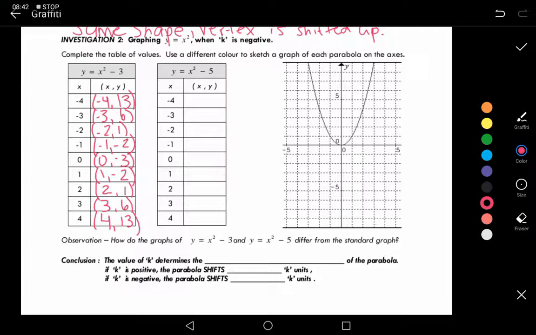So -1, 2, 3, up to 6, -2, +1, -1, -2, 0, -3, and again, you can look at those points, or you can just make sure that your parabola is symmetrical. Okay, again, connecting those dots.